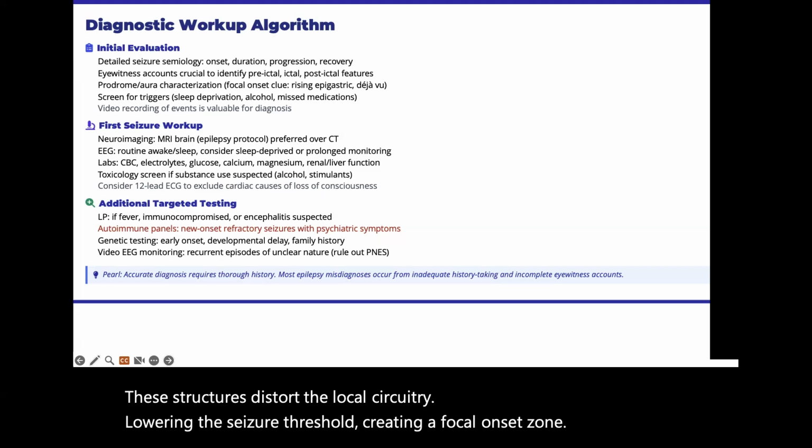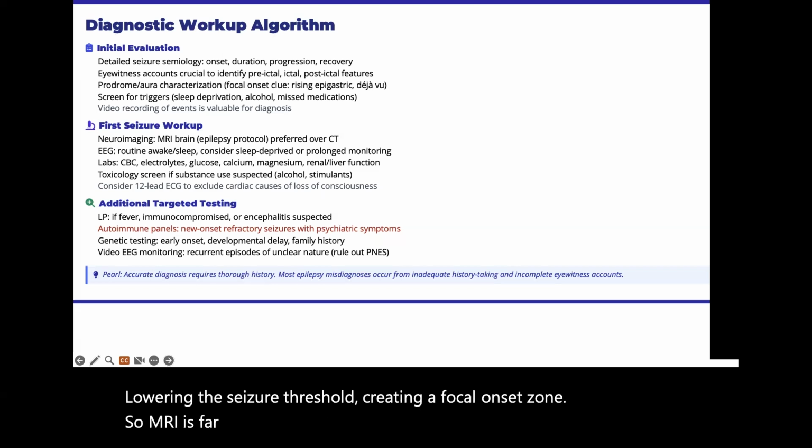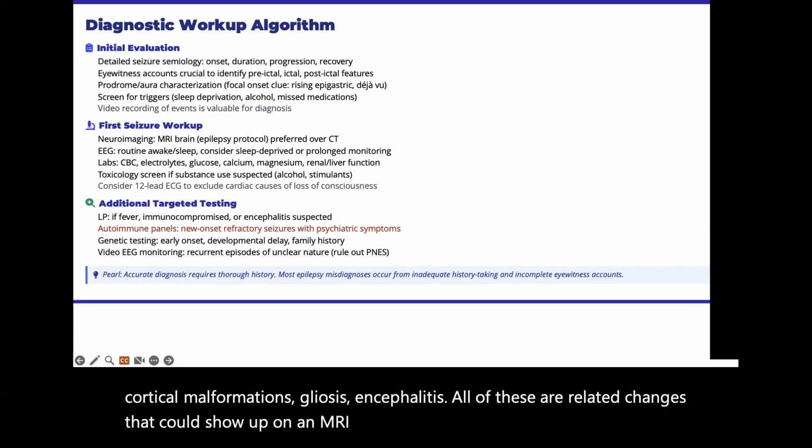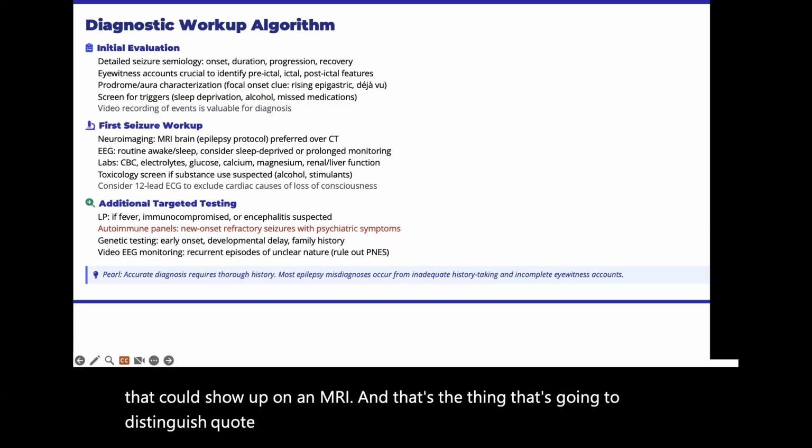So MRI is far more sensitive than CT scan for subtle hippocampal atrophy. Cortical malformations, gliosis, encephalitis, all of these are related changes that could show up on an MRI. And that's the thing that's going to distinguish, quote unquote, structural epilepsy from a provoked seizure.